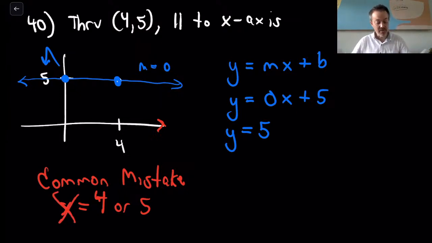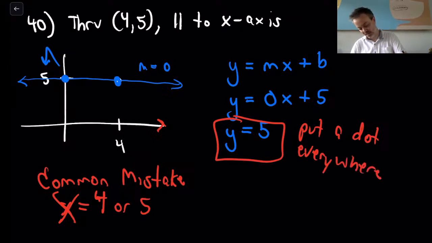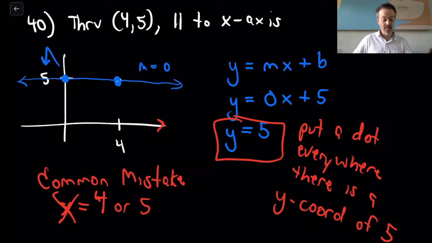So don't do that. This says put a dot everywhere there is a y-coordinate of 5. If you put a dot everywhere there's a y-coordinate of 5, it doesn't matter what the x value is, so eventually you're going to fill in that horizontal line.